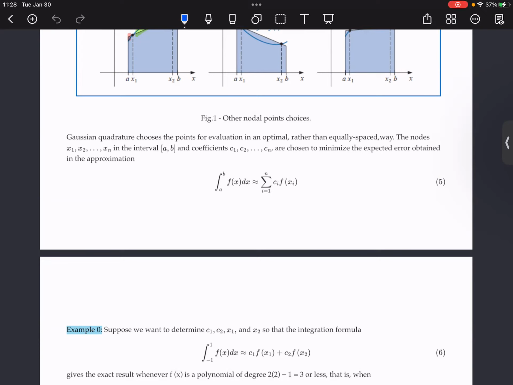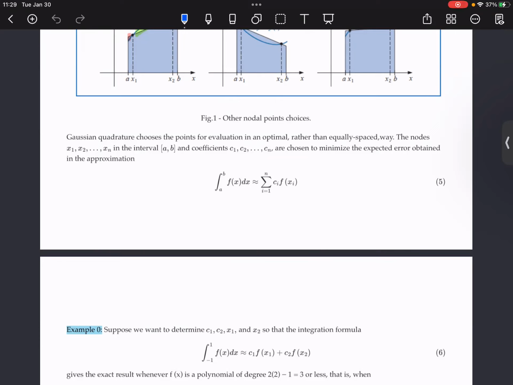Which means that if we apply polynomials with degree at most 3, that quadrature rule should be exact. So now let's choose the xi first, and with the xi, we also need to decide the ci. The ci is the coefficient, so we need to decide the nodal points and the coefficients here.